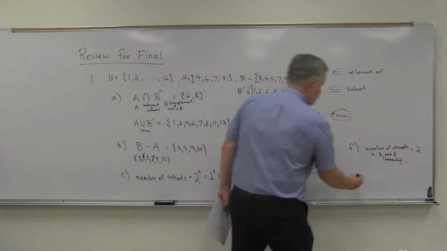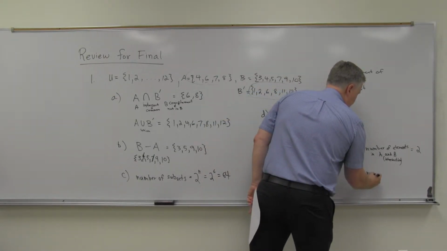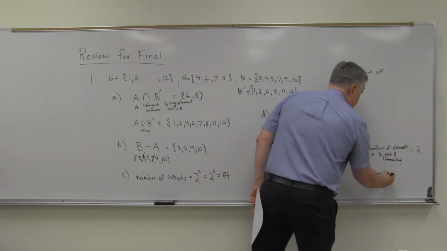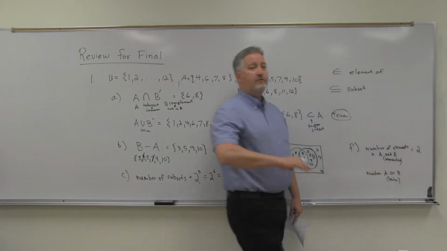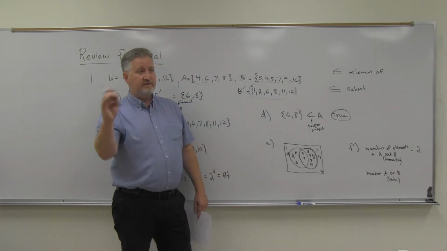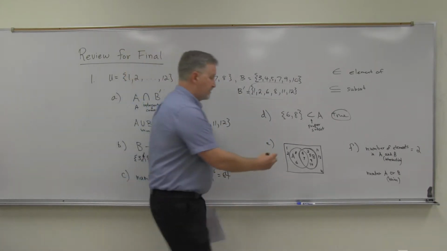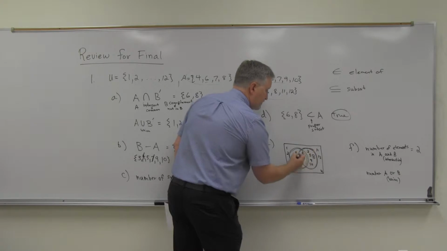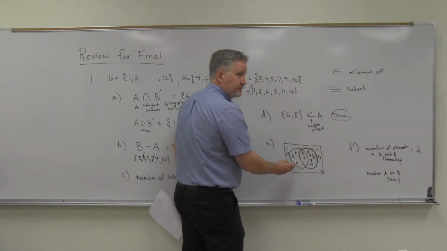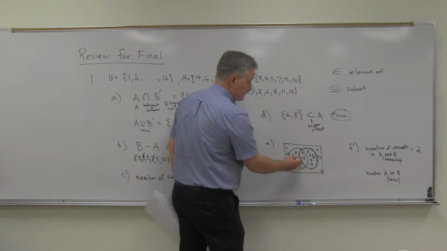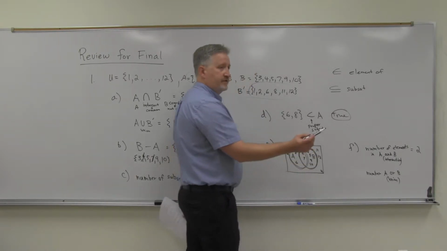All right, then the number in A or B. "Or" means the union. So that would be everything, all the elements in both sets. And so that's everything in A combined with everything in B. So just count, in this case, count up the elements in A and B. So 1, 2, 3, 4, 5, 6, 7, 8 elements.